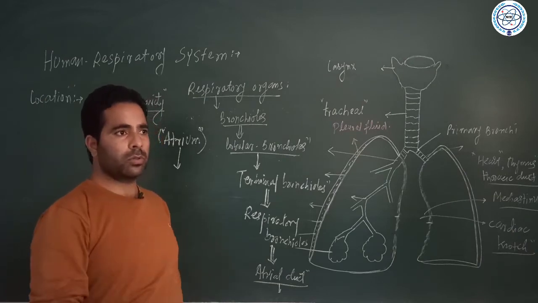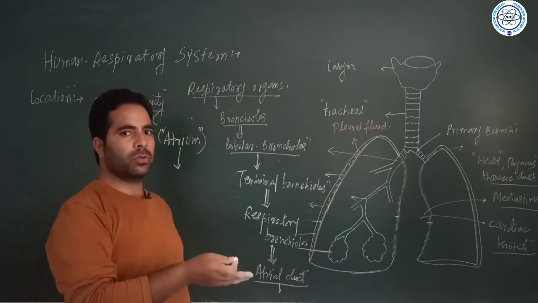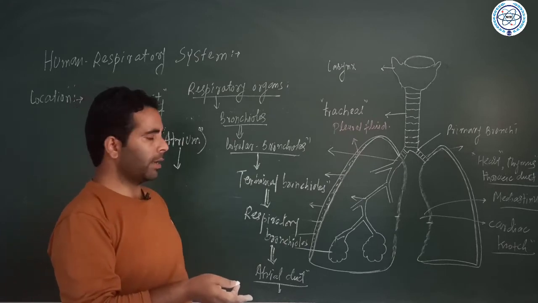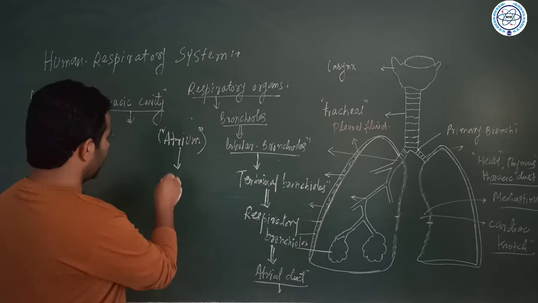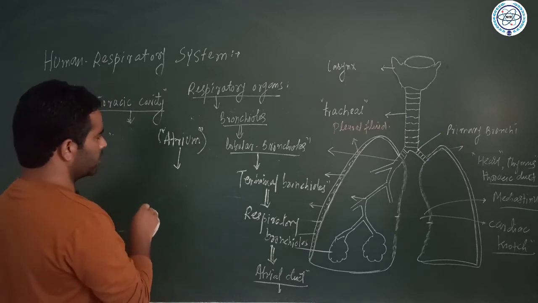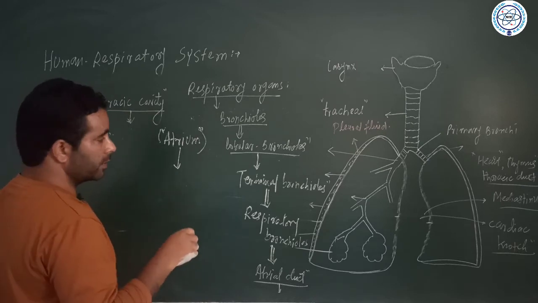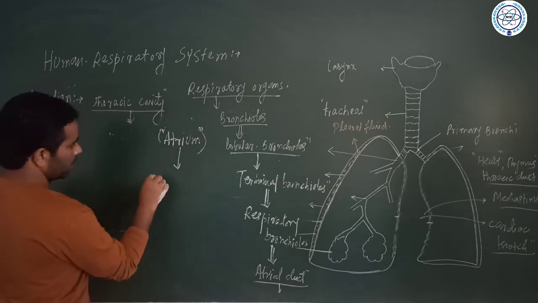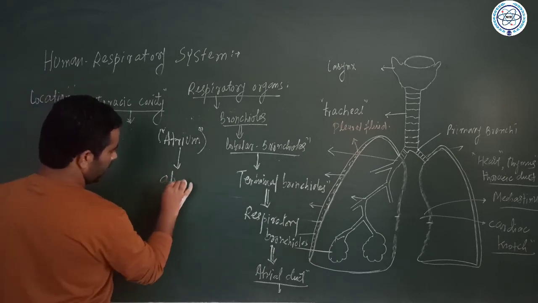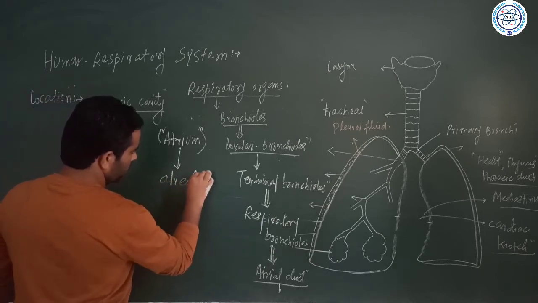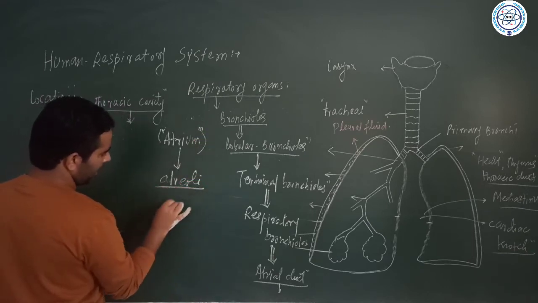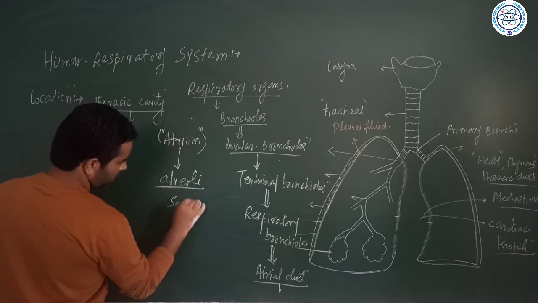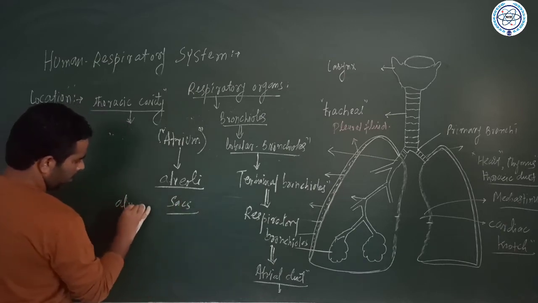The oxygen diffuses into the blood and the carbon dioxide diffuses into the lung alveoli for expiration. These structures, having a lot of surface area for the exchange, are called alveoli. So this atrium finally opens into the alveoli or alveolar sacs.